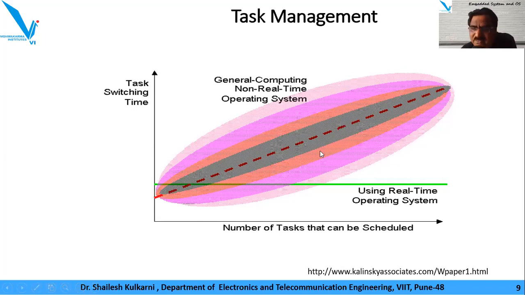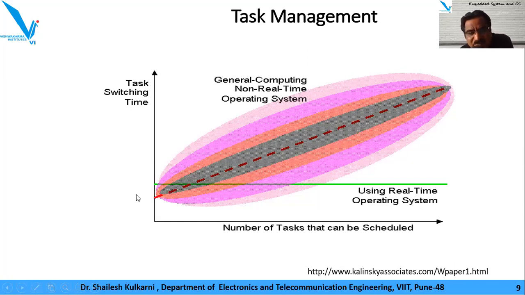Now, let me ask you one thing: from this diagram, or this graph, can we claim at any point that the service time of a real-time operating system, as a task switching time, is less than that of a GPOS?